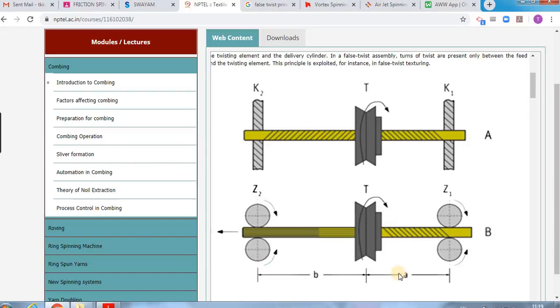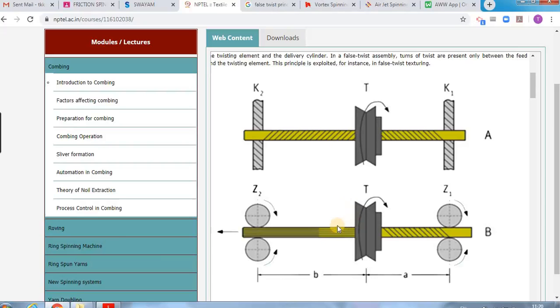So in section A, I have an S twist. As far as our principle is concerned, with reference to diagram A, a Z twist has to be generated in section B. But here, because the yarn is moving and not stationary, when this section A of yarn having S twist comes to section B, which is imparting the Z twist, what will happen?